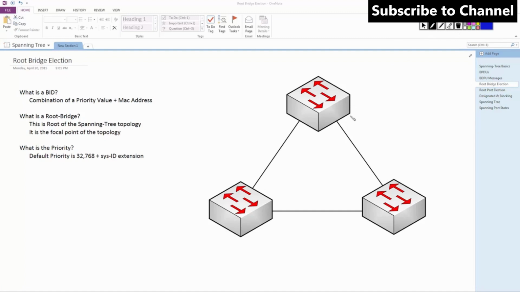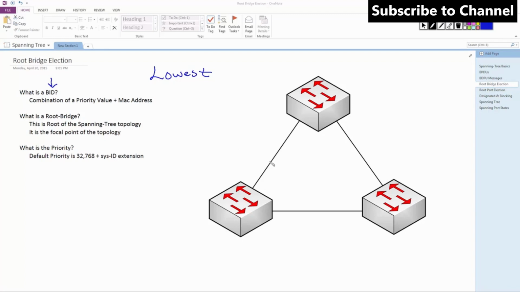And in order to decide this, we have to figure out who has the lowest value to become the root bridge. Notice I said lowest. The question is lowest what? And that would be the lowest BID, or bid number, sorry. Now, when we say bid number, what does that mean?